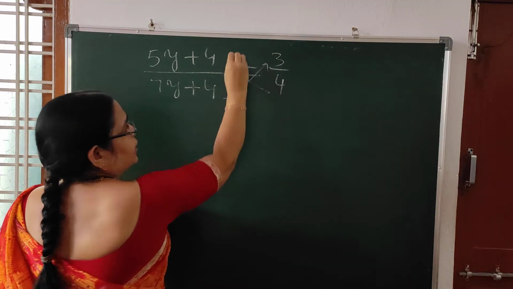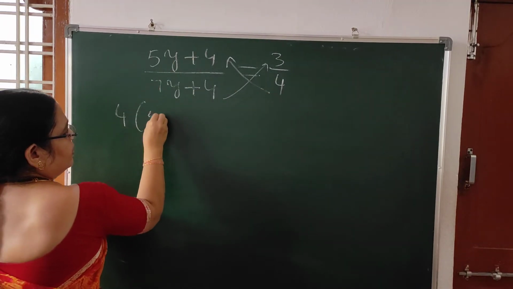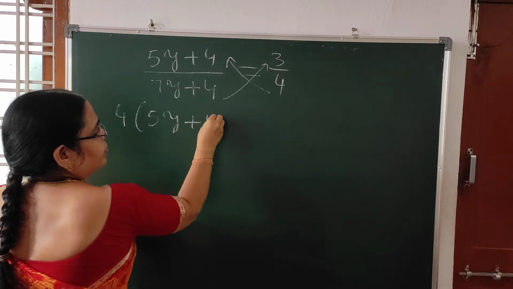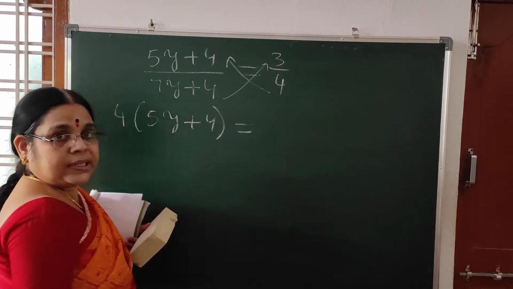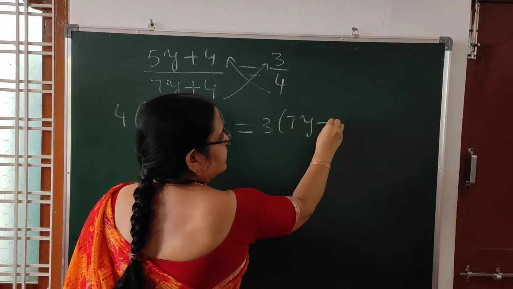You can go for cross multiplication. So that is 4 into (5y plus 4) is equal to 3 into (7y plus 4).